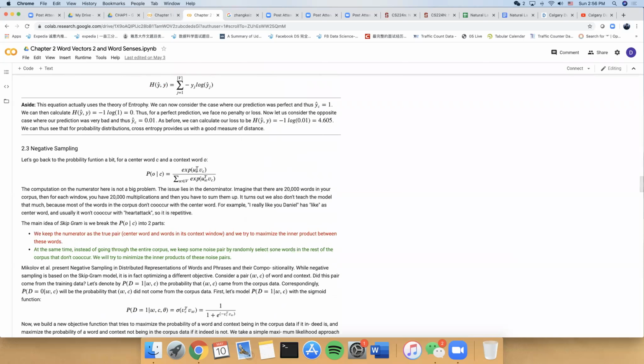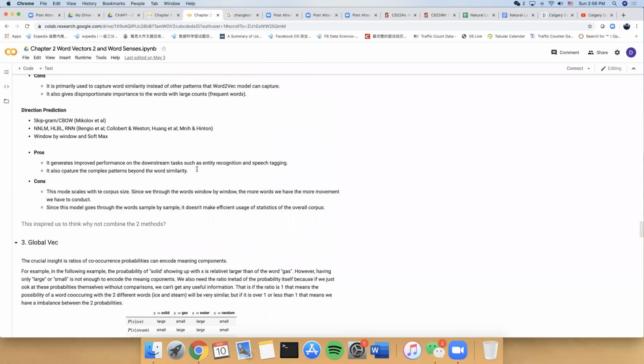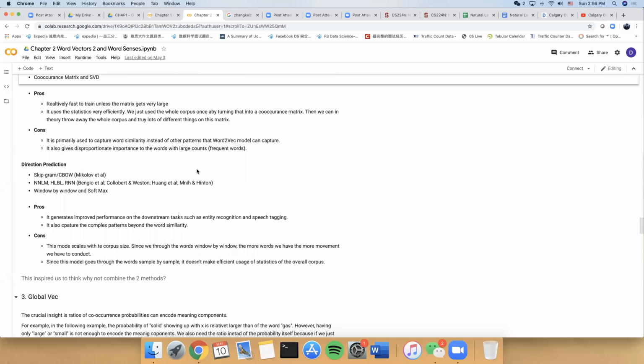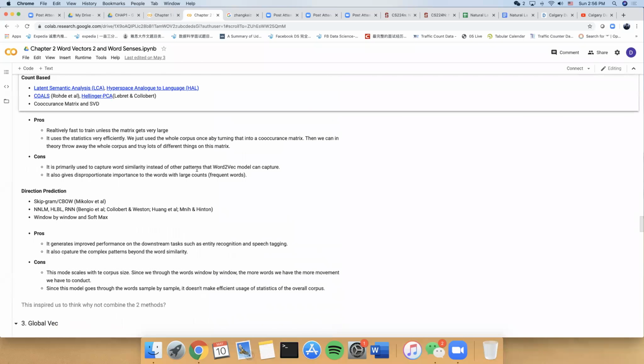So it trains really fast and doesn't cost you a lot of time. Another advantage is that it uses statistics very efficiently. We look at a co-occurrence matrix, so we can use the covariance or the correlation between the occurrences of words to make predictions or classifications.